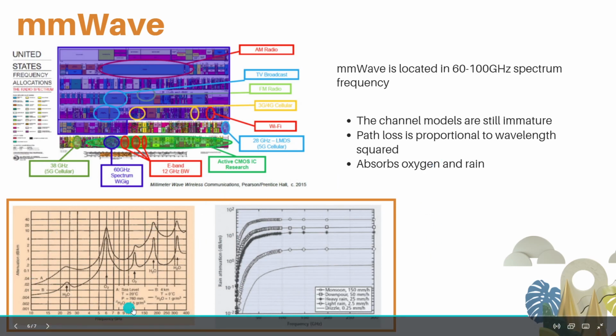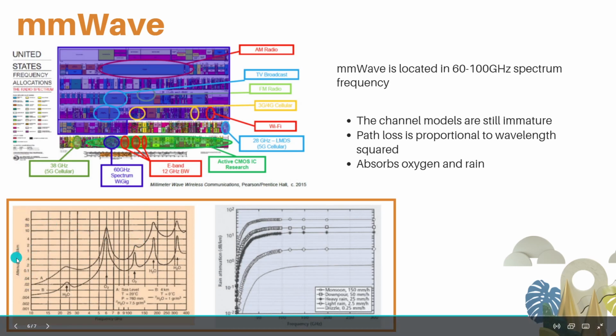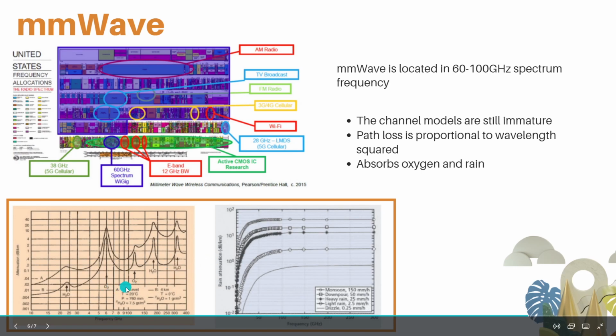Now let's take a look at this image right here, the left one particularly. The y-axis of this graph shows the attenuation, and the x-axis is the frequency. Basically, the higher the attenuation gets, the worse it becomes.